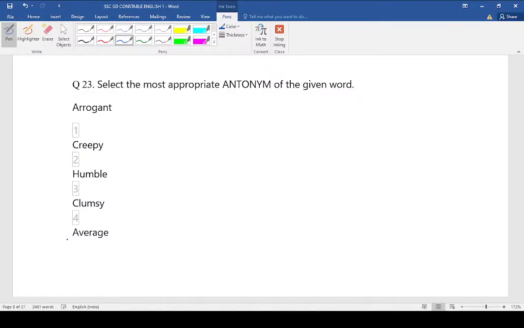First of all, creepy is an uneasy feeling, unpleasant. Next, clumsy. Clumsy is not handling things properly.